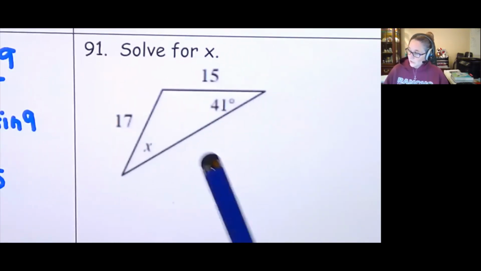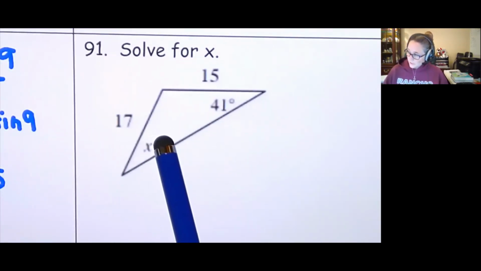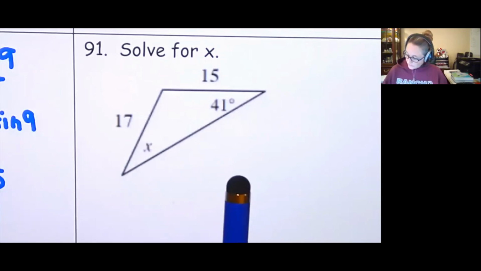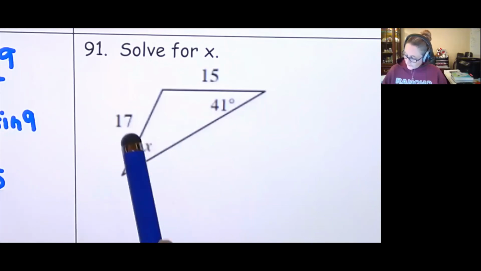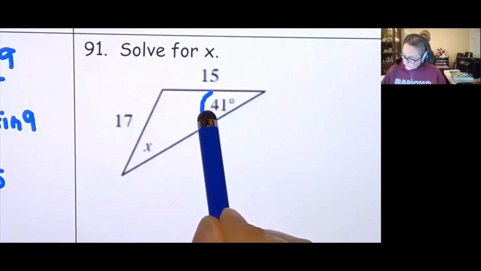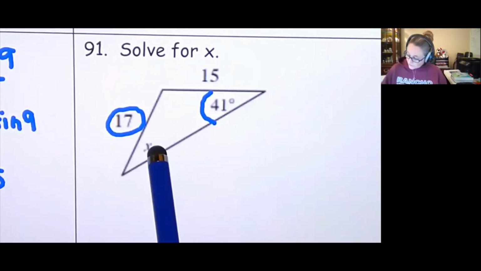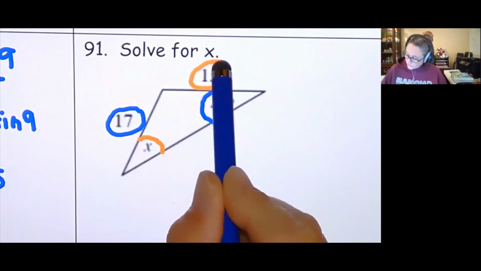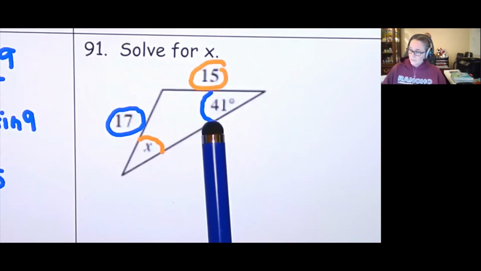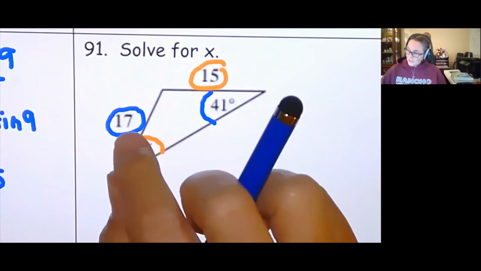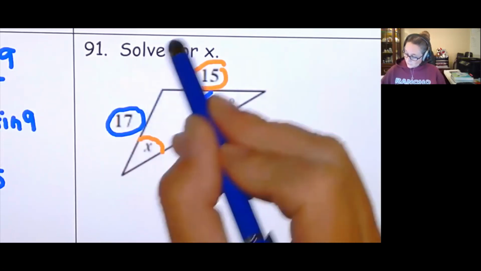So this one I'm solving for x, it's right here. And this one is going to be law of sines. Again, let's match things up. I know this angle and I know the side opposite it. So that means I'm going to be using law of sines. I'm trying to find this angle and I know this side opposite it. Now, this is side, side, angle.